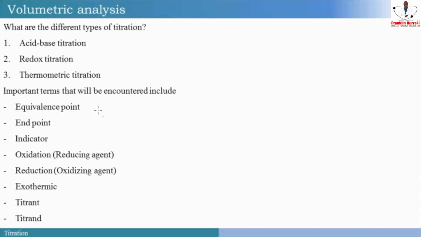Now, as we go through this topic, important terms that you will encounter: equivalence point, end point, indicator, oxidation and reduction, which forms redox, exothermic as well as endothermic, titrant and titrand. As we meet these terms, we will explain them.